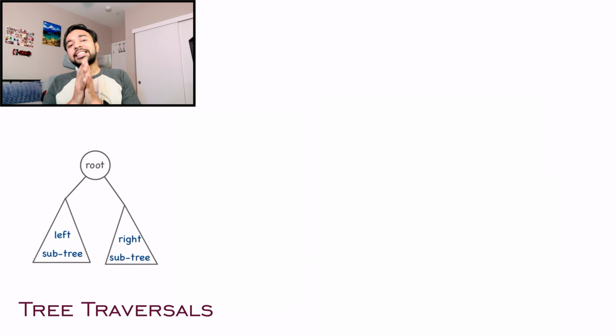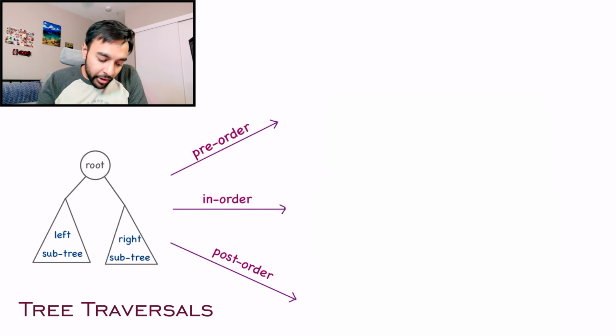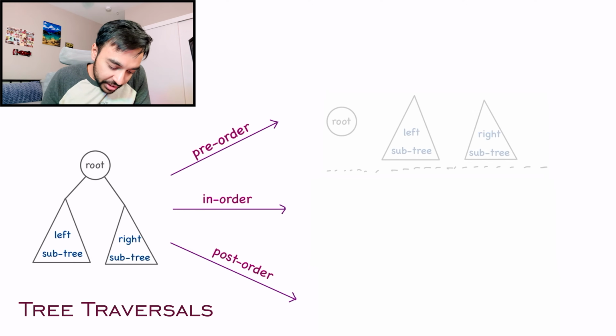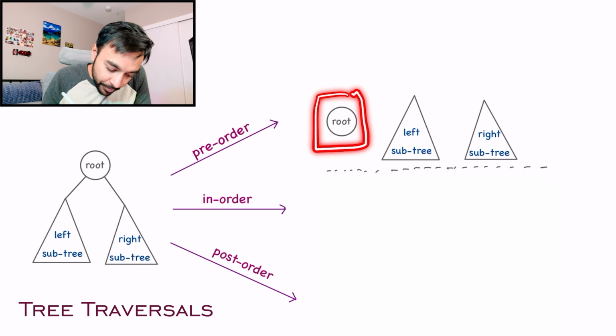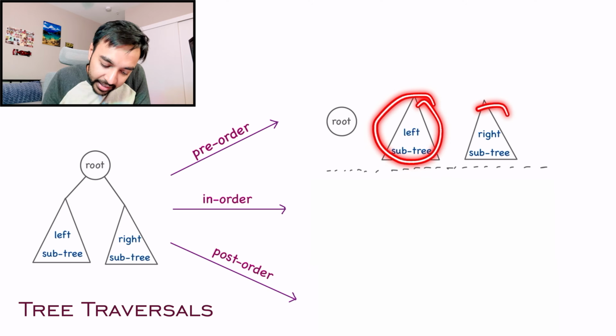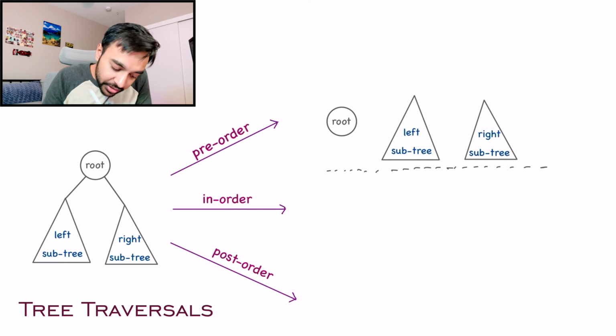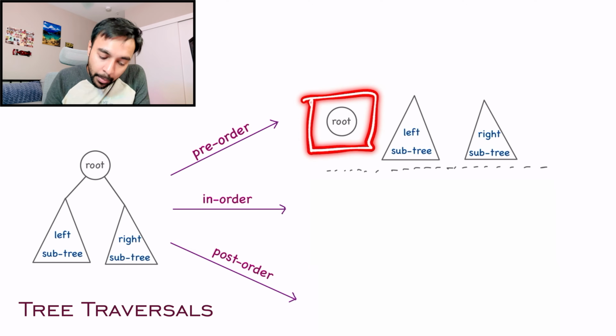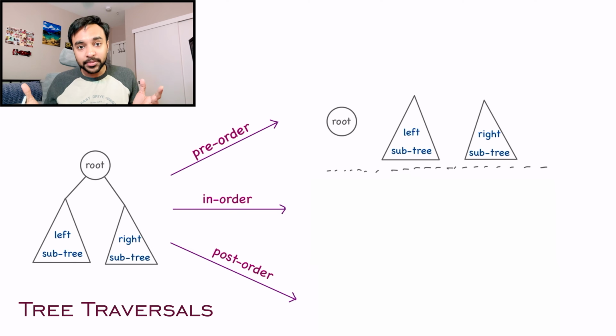Now, what are the three techniques that we know about? We know about a pre-order traversal, an in-order traversal, and a post-order traversal. And if you quickly try to remember, how do those work? In a pre-order traversal, we have the root first, then the left subtree, and then the right subtree. Correct? So this is a pre-order traversal because the root came pre. That is how I remember things.